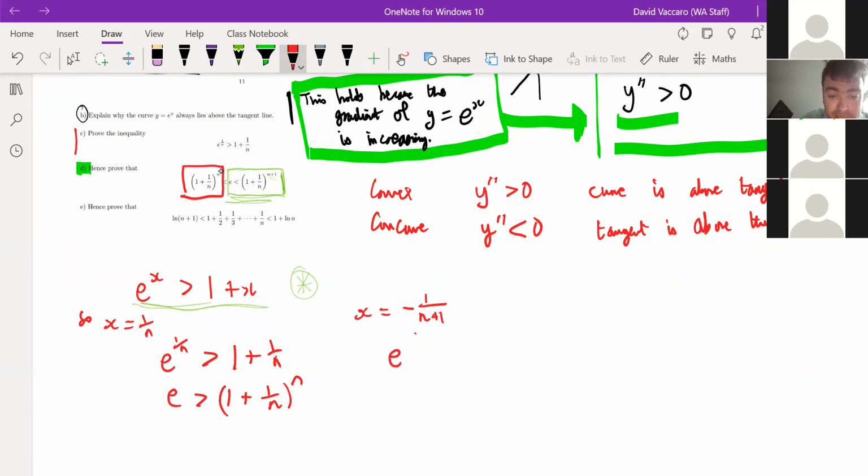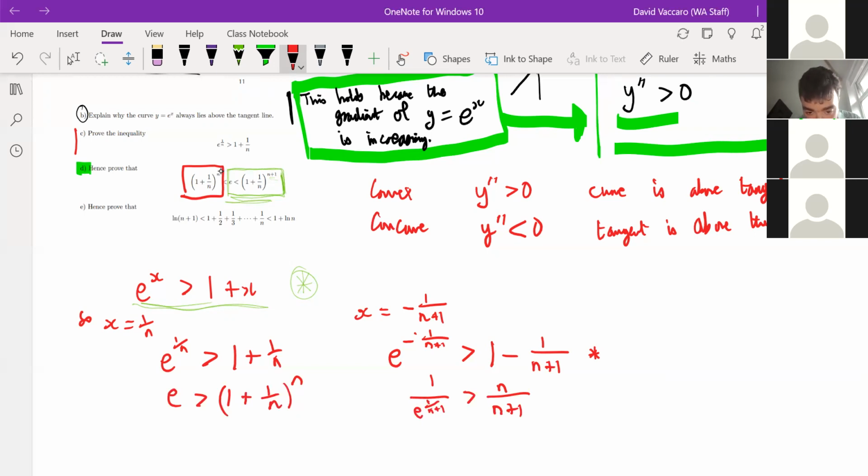So I get e to the negative 1 over n plus 1 is bigger than 1 minus 1 over n plus 1. If I simplify, the right-hand side becomes n over n plus 1, and the left-hand side is 1 over e to the 1 over n plus 1.